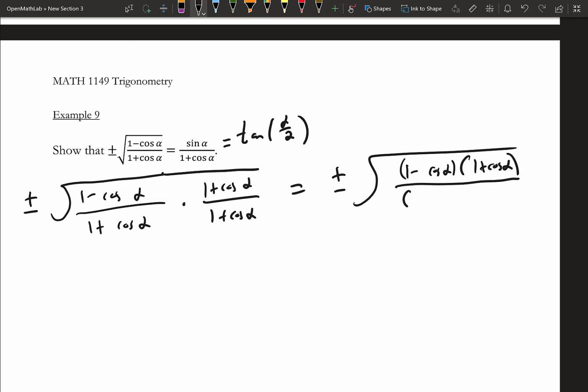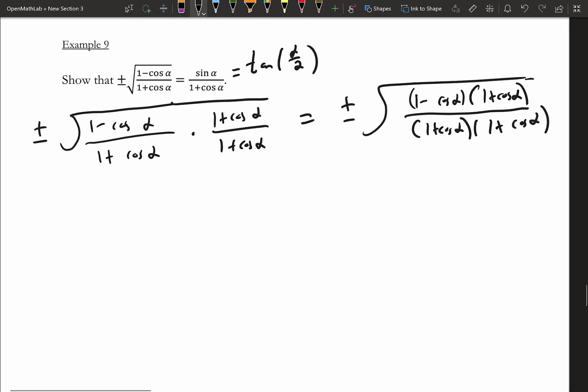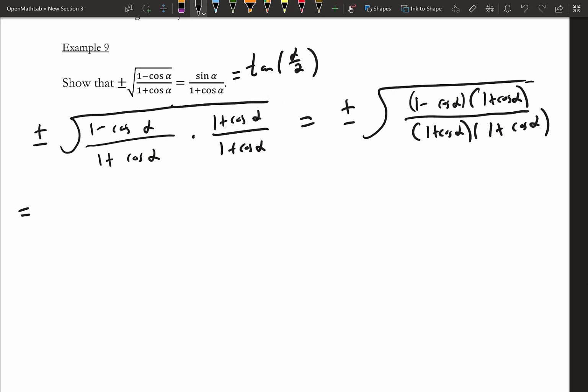And in the bottom, we have 1 plus cosine alpha times 1 plus cosine alpha. So this equals plus minus the square root of 1 minus cosine squared alpha, all over (1 plus cosine alpha) squared.